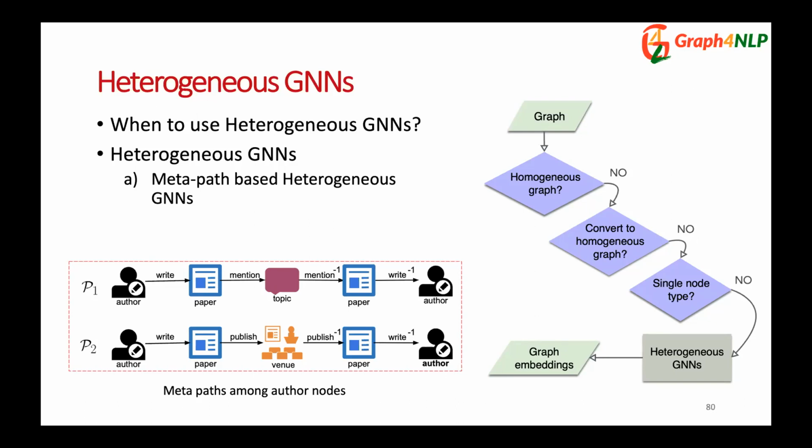As a result, we can construct a metapath, which is author, paper, venue, paper, author. So as you can see, given a certain pair of node types, one can construct various metapaths, which can capture the relations between a certain pair of node types.